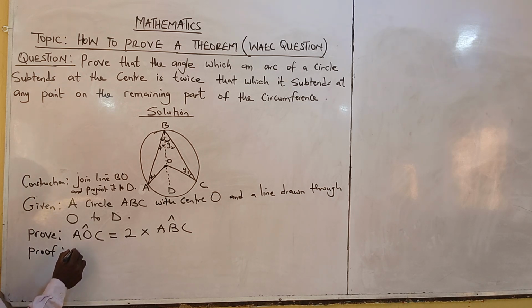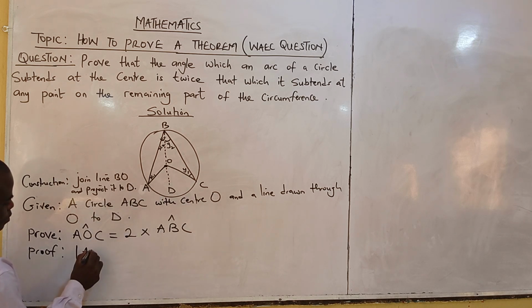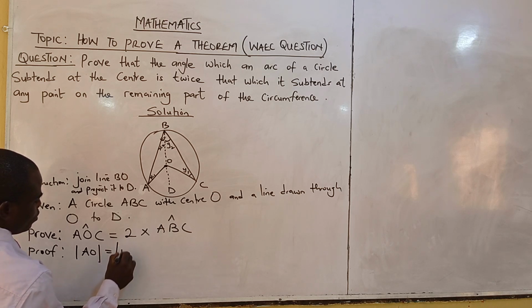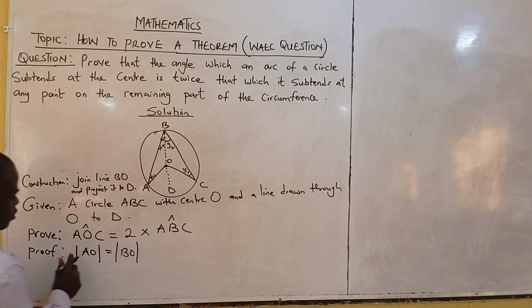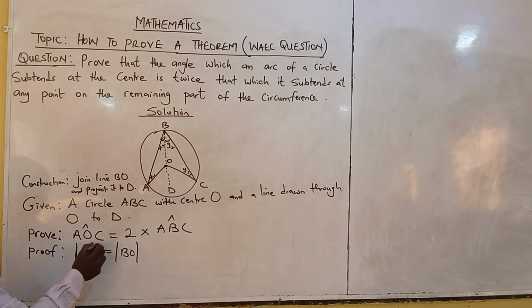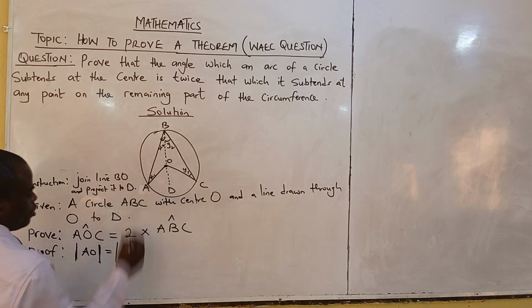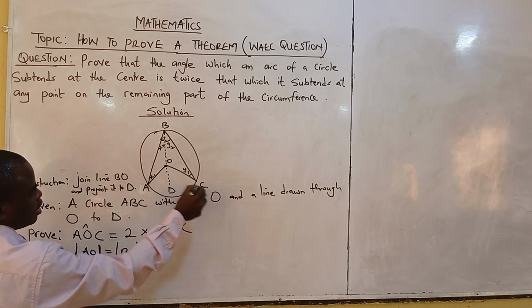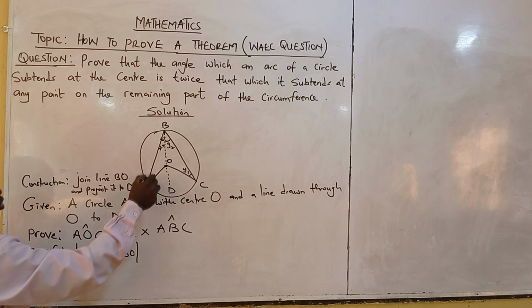Now line AO equals line BO. See this sign of line AO equals line BO. You can see all these lines are extending from the center of the circle to the circumference.